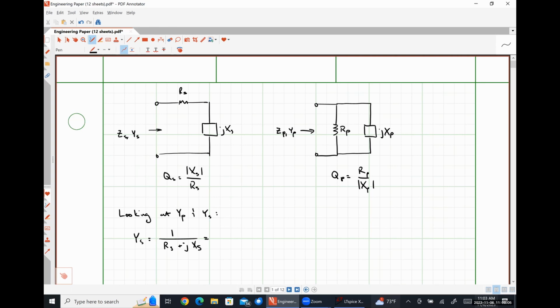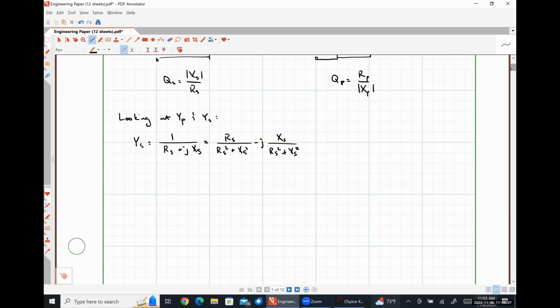Multiplying through by the complex conjugate of the denominator over the complex conjugate of the denominator will give us R_S divided by R_S squared plus X_S squared, minus j X_S over R_S squared plus X_S squared.